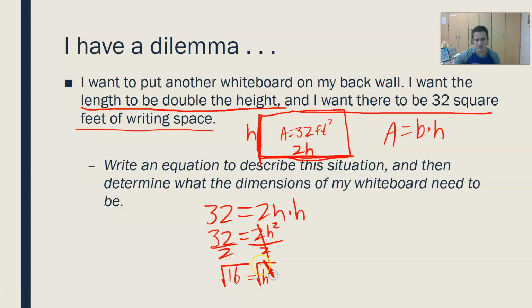That cancels out the squared here. The square root of 16 is 4. So the height of my whiteboard needs to be 4 feet, and the width, the base of my whiteboard needs to be double that, which is 8 feet. So my whiteboard needs to be about 4 by 8 feet. 4 feet tall, 8 feet wide.